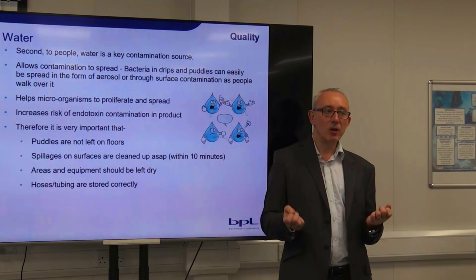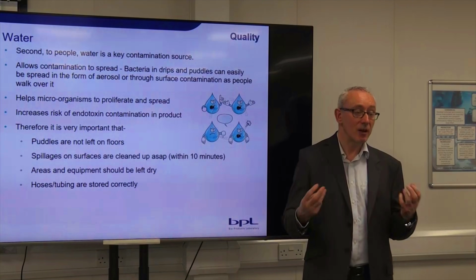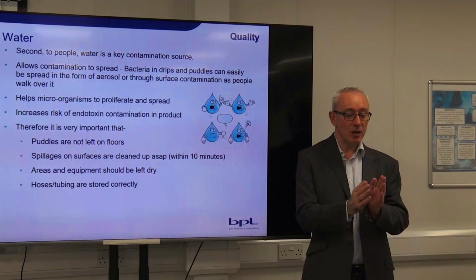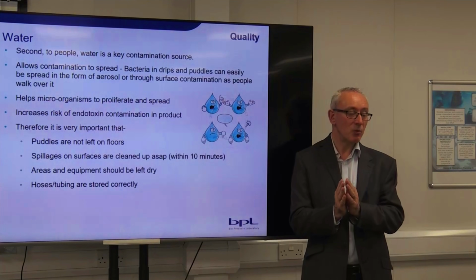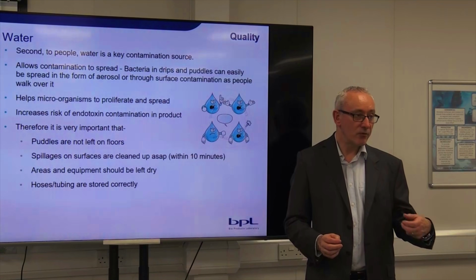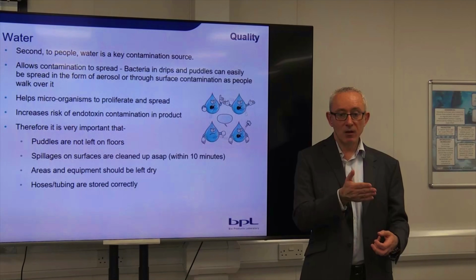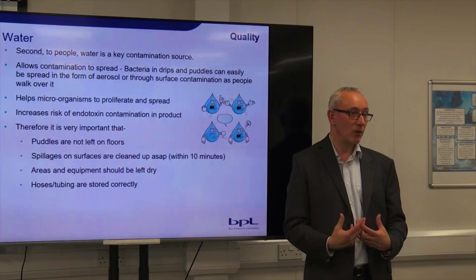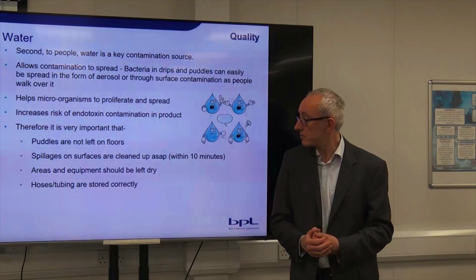If you've heard of an organism called Pseudomonas, this organism can double in size every 20 minutes. So if you have a few hundred cells, then within a couple of hours you could end up with a vast number of quite nasty organisms.